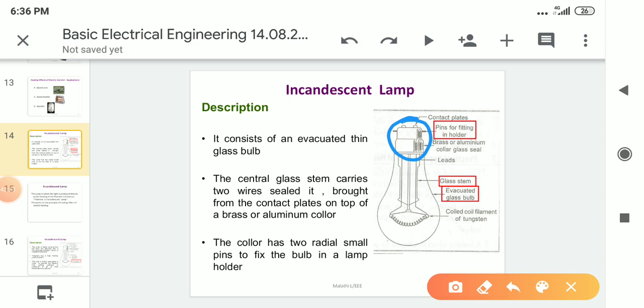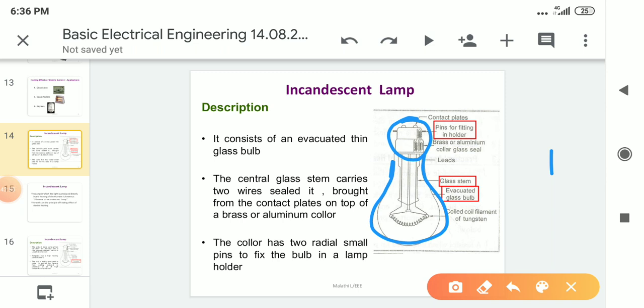If we touch at this place, then we will get a shock, because the aluminum or brass surrounding it is a conductor, and electrical energy passes through it. That's why we feel a shock there. You have to take care of this while it is in operating condition. Don't touch at this place, right?